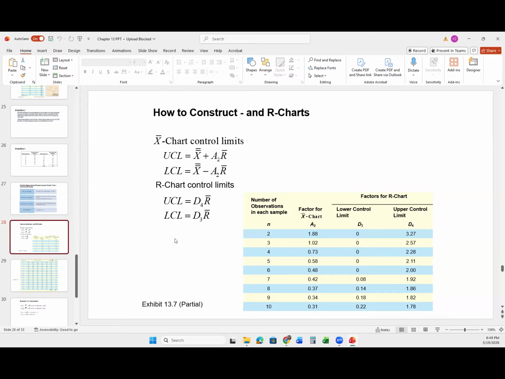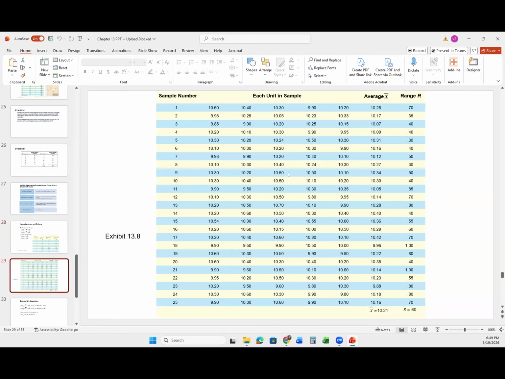Let's take a look at the example directly. Here we have those samples, and these are the units in a sample. My first question: what is the sample size? Is it 25, or 4, maybe 5, or maybe 6? What is the sample size?